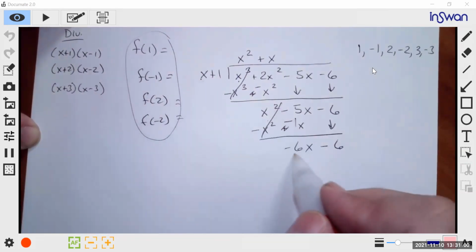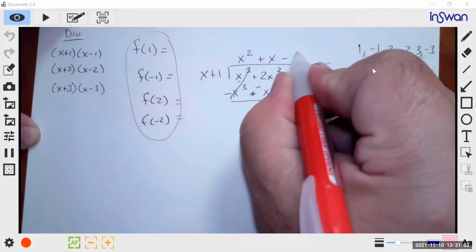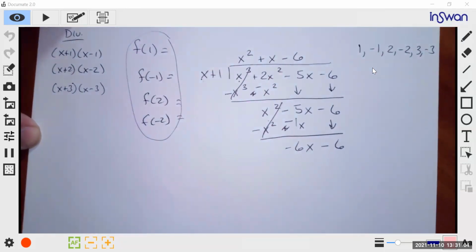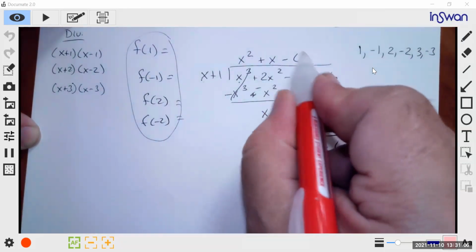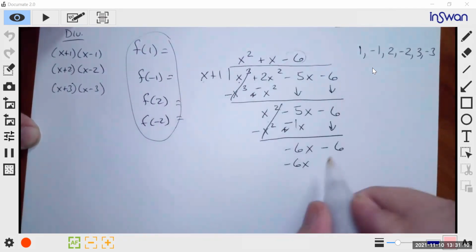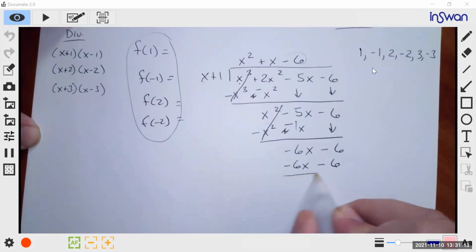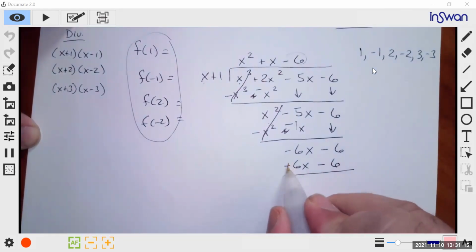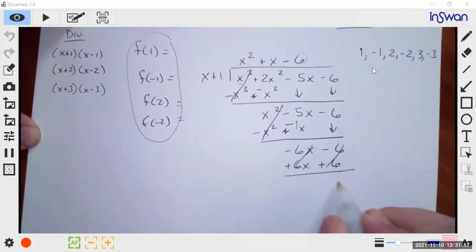What times x gives me negative 6x? Negative 6. Negative 6 times x is negative 6x. Negative 6 times 1 is negative 6. Change the signs and add.